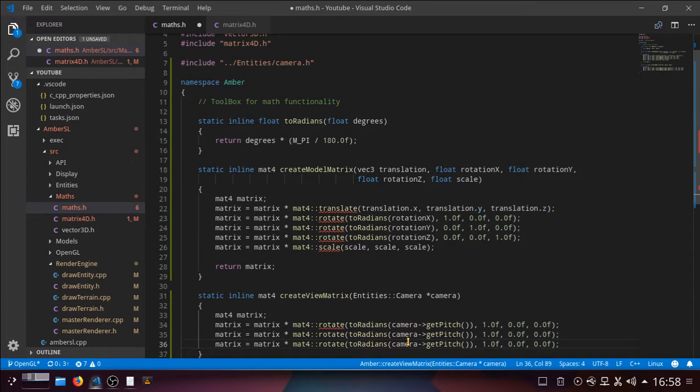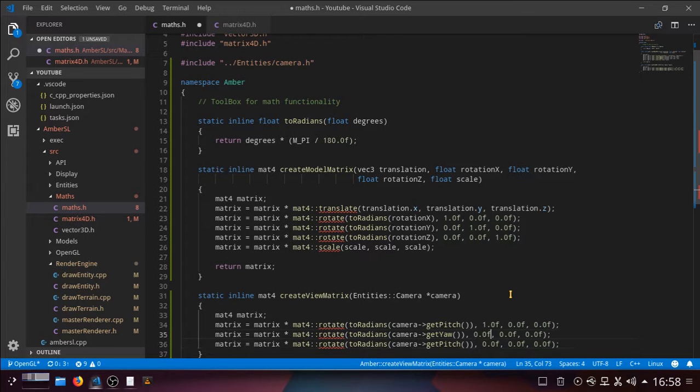So it's going to rotate. First one's get pitch, then, if I can click in there without it giving me some stupid message, we'll need yaw. We'll have yaw. That will be a 0. That will be a 0.